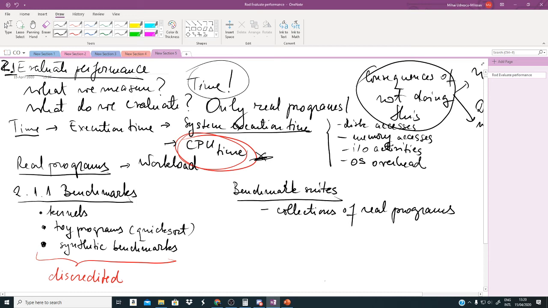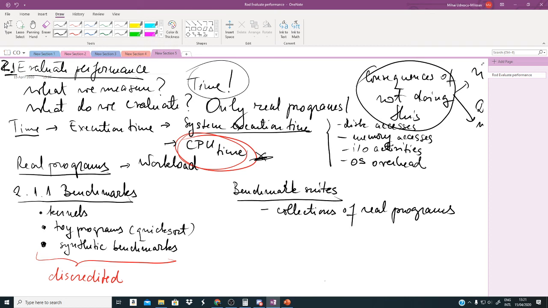One such benchmark suite is only as good as the constituent individual benchmarks, right? So it is strong if the parts or the individual programs are strong.